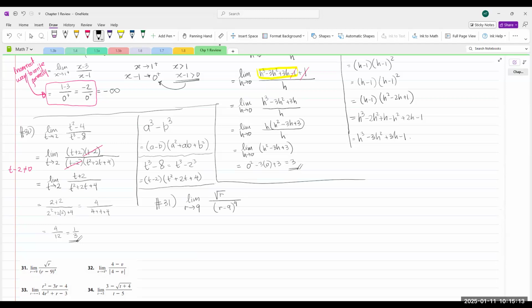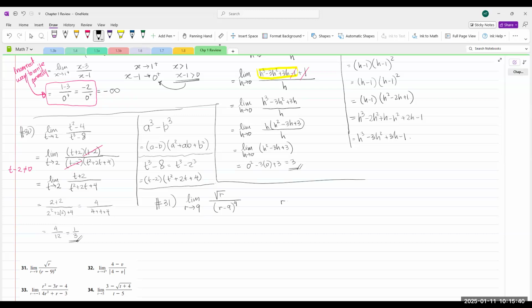Notice that 9 is not in the domain, because when you plug in 9 into this function, you get something over 0. So we cannot plug that in right away. Unfortunately, there's no way for me to simplify that any further. So the best way I can do is to plug it in slowly.